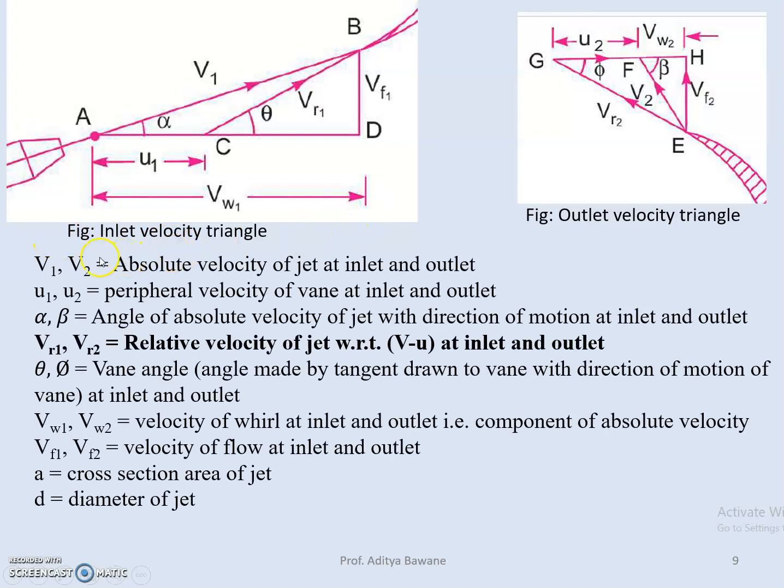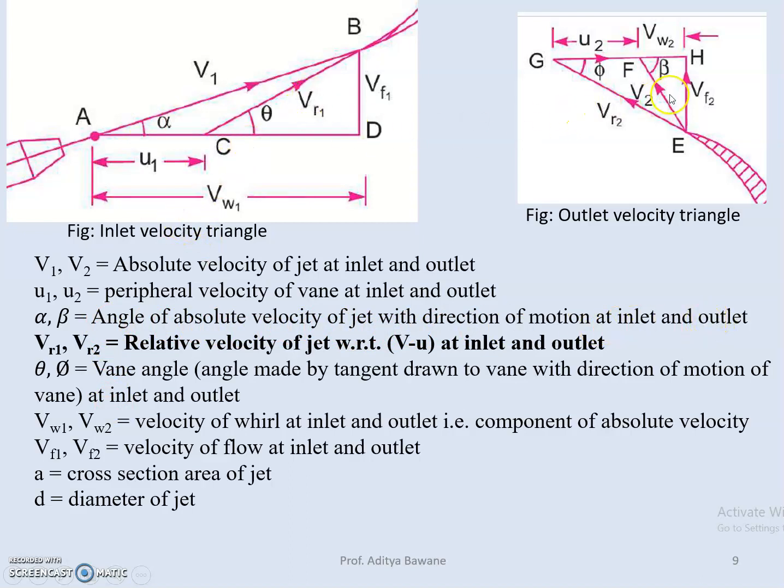Again I repeat, v1 and v2 are the inlet and outlet velocities of the jet. u1 and u2 are the peripheral velocities of the blade at inlet and outlet. Alpha and beta are the angles of the absolute velocity of the jet with the direction of motion at inlet and outlet.